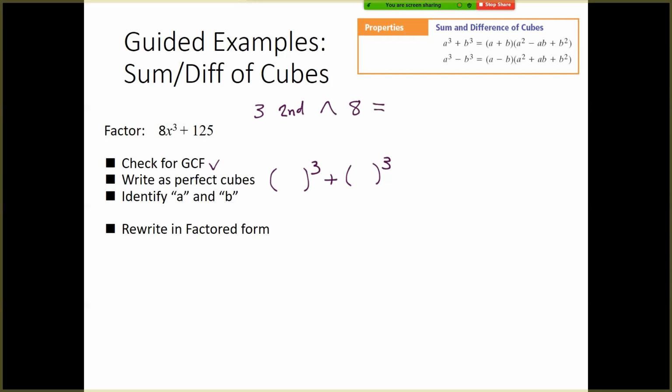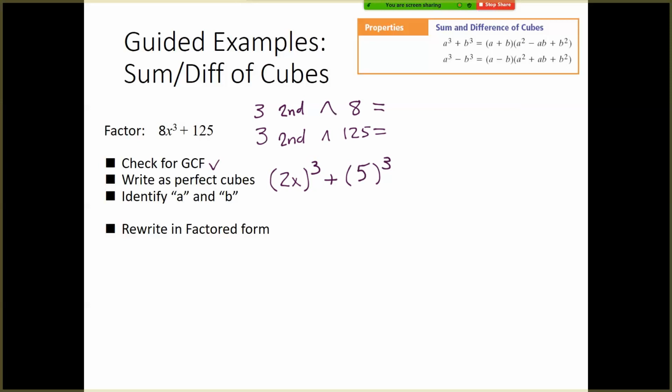Your calculator does indeed tell you 2. And then the cube root of x to the third is just x. Then if you're doing 125, 3, second, caret key, 125, and that's going to tell you 5, because 5 to the third is 125.